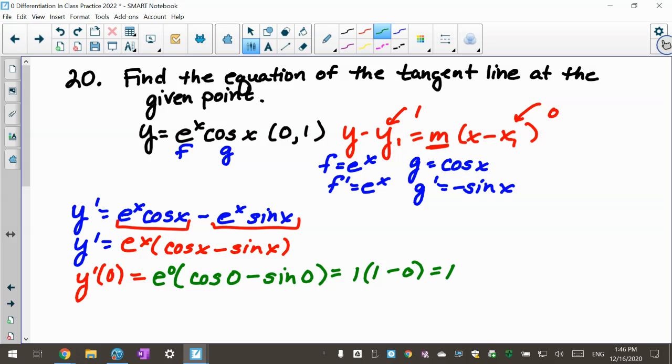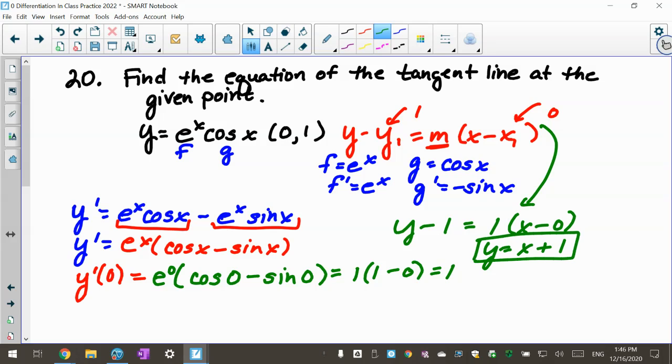So it comes out to be a slope of 1. My line comes out to be y minus 1 equals 1 times x minus 0, so y equals x plus 1. I distributed that and moved the 1 over. So there is my tangent line.